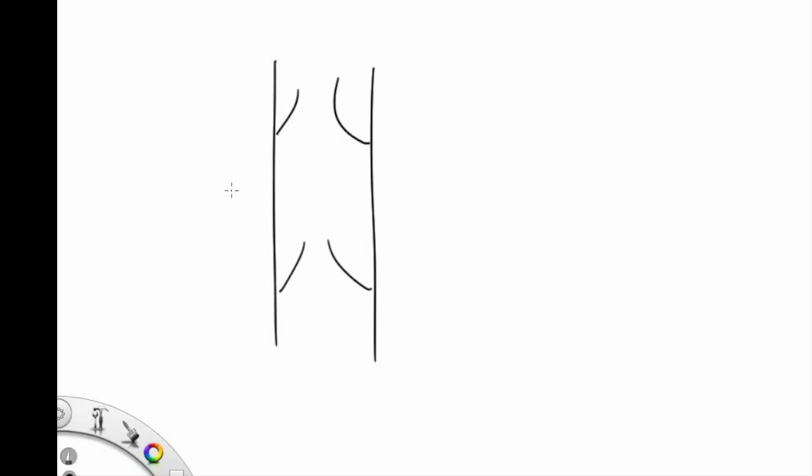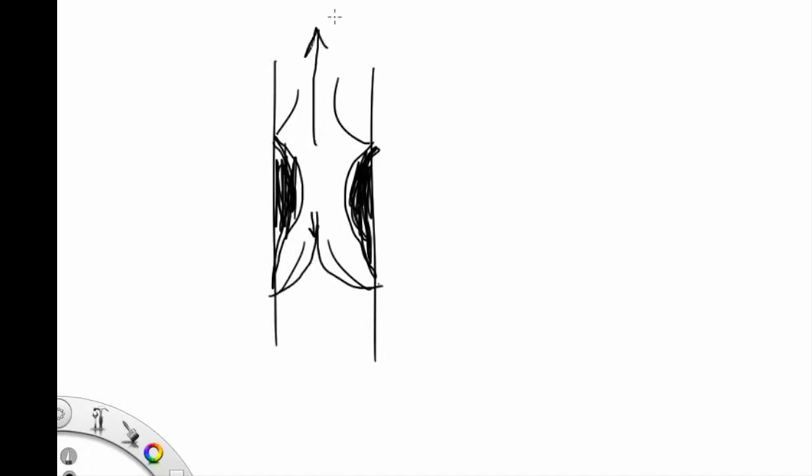If I squeeze this vein right here, what's the blood going to do in there? That blood is going to get pushed. Does everybody agree? If the blood tries to go this way, what would it do to these flaps? It would close them up just like that. If the blood tries to go this way, what would it do?